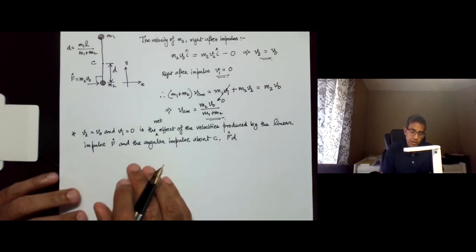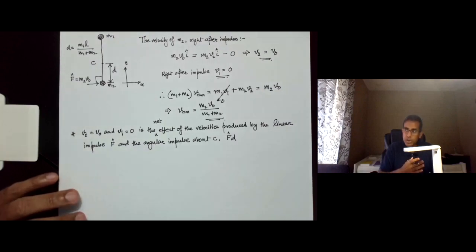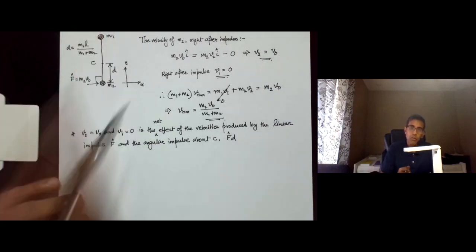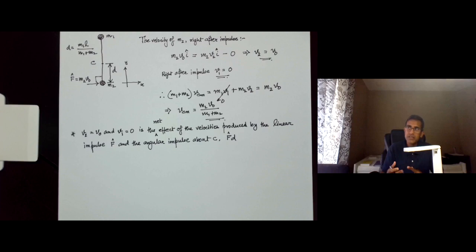Now the linear impulse produces a uniform velocity for both the masses because it's a velocity that is attributed to the center of mass. It should be considered as a common velocity for all the particles. Okay, that's the linear velocity that is produced. The angular impulse produces an angular velocity which causes the difference in the velocities of m2 and m1.